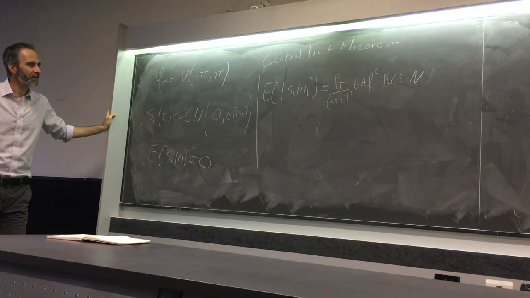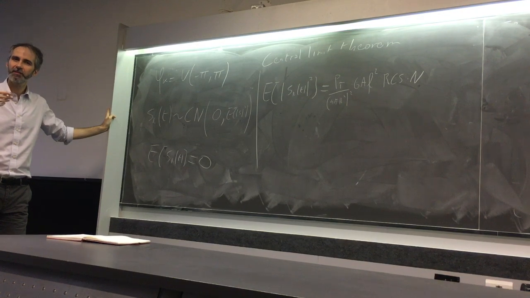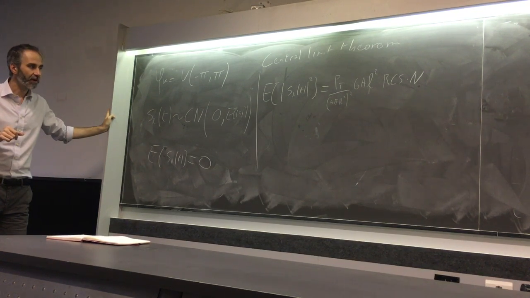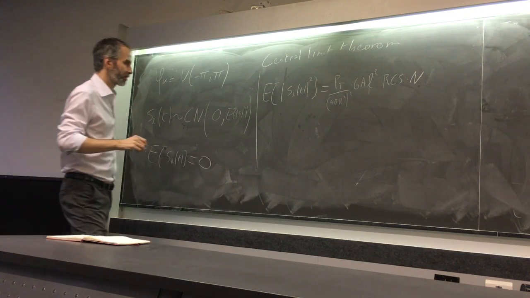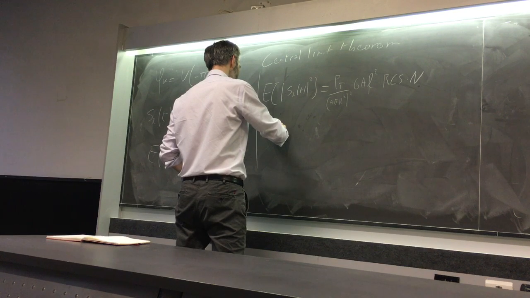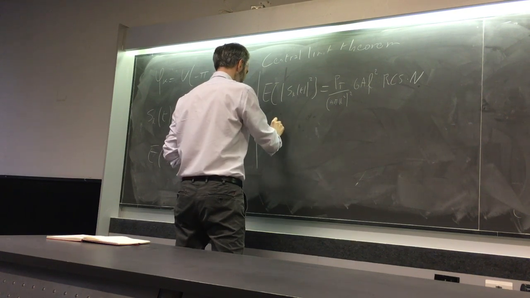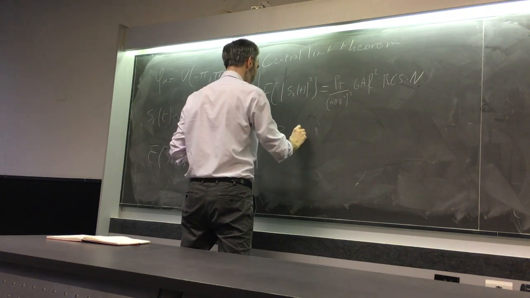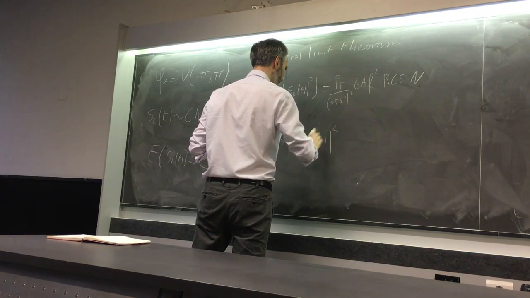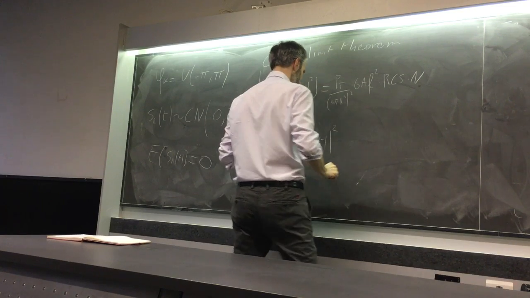Maybe you also remember that for a complex Gaussian variable, let's say that PS is the square magnitude of S received.